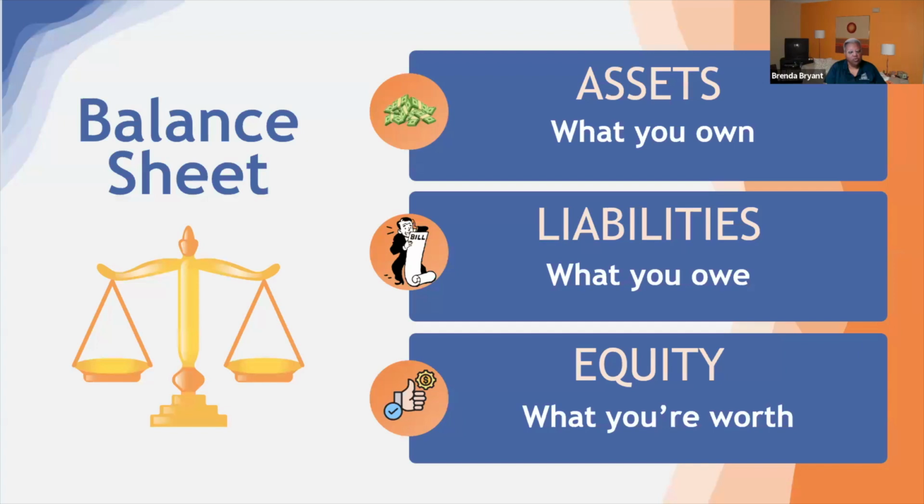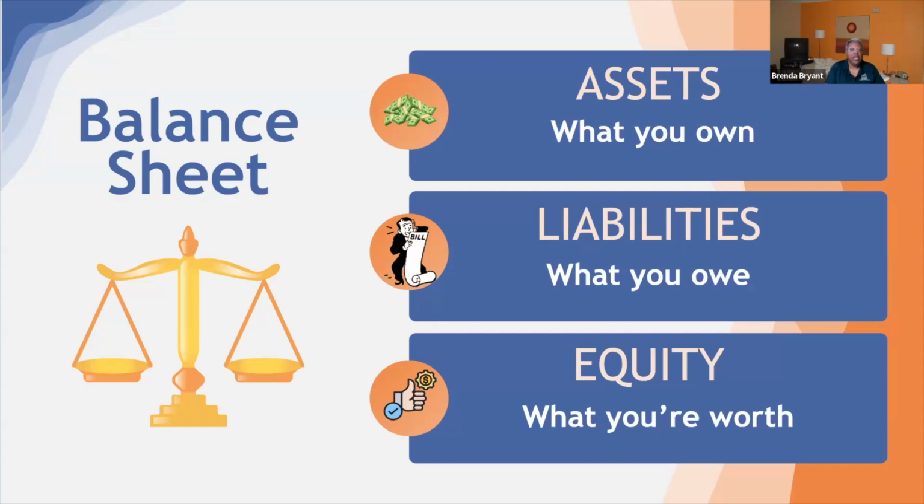Liabilities are what you owe. So let's say I have a loan. I have a loan for $100,000. That's what I owe. My loan decreases every time I make a principal payment.